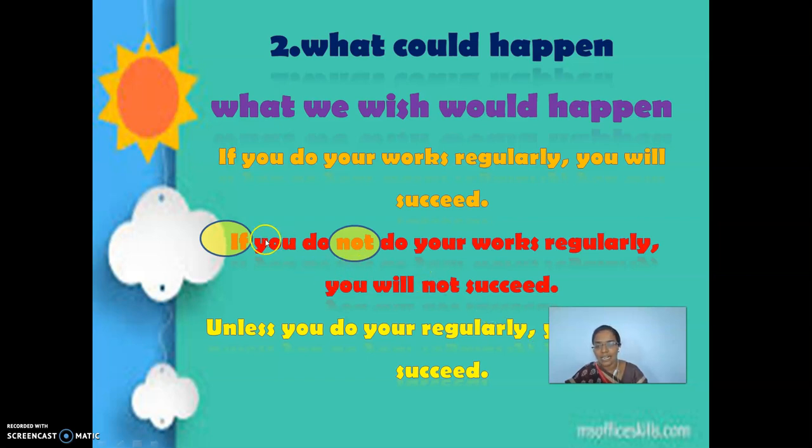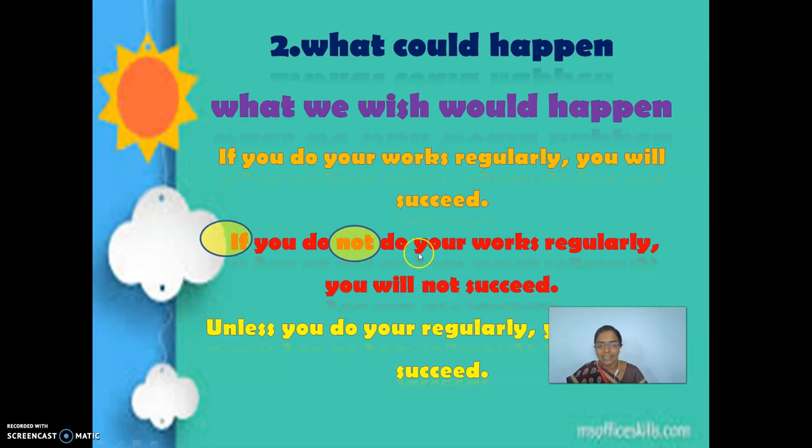So instead of the word if and instead of the word not, we have supplied the word unless over here. So how has the sentence been changed now? Unless you do your work regularly, you will not succeed. Take down the sentence, children. Only if you take down the sentence, things will be clear for you.